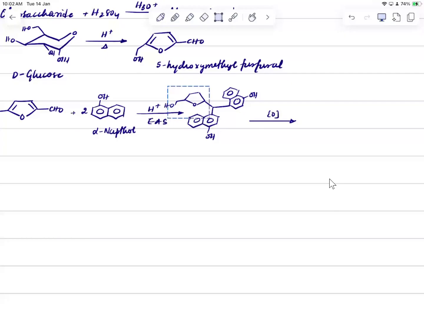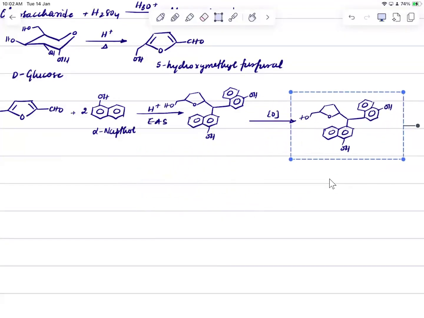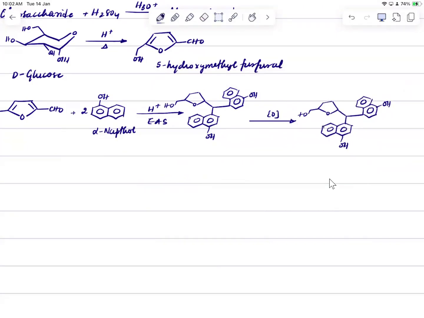So the same structure which we have here, if we write it with a double bond here and a double bond O like this.